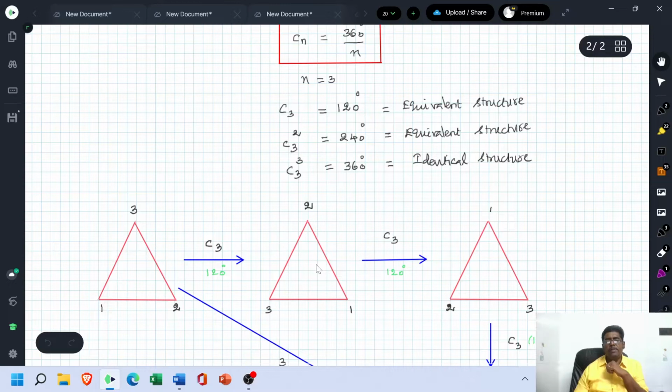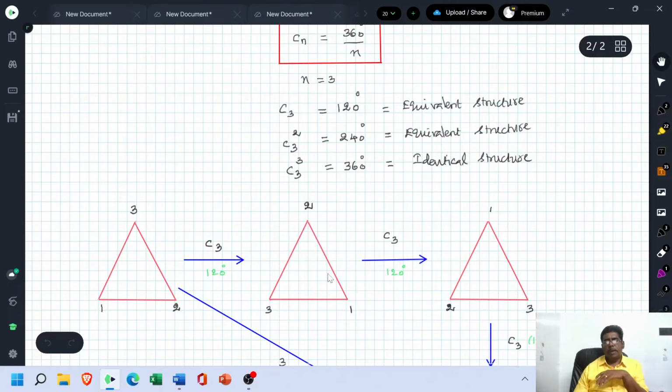This triangle is called an equivalent triangle. With respect to this original triangle, this is an equivalent triangle. If you see this newly arrived triangle without these points, this is also an identical triangle. But if you see the newly arrived triangle with these points, this is not an identical triangle, but this is an equivalent triangle.